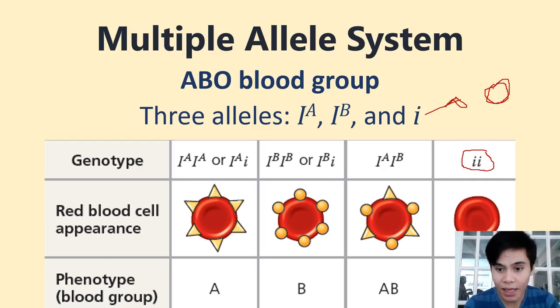So my red blood cell has no antigens. There's no identifying factors, identifying proteins on the periphery of my red blood cell. That's why blood type O can donate to everybody, because there's no ID. Okay, hindi sila pwedeng hulihin kasi wala naman silang ID na nagsasabi na bawal sila dyan.